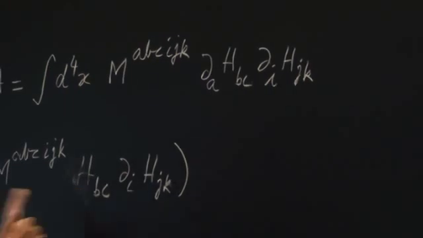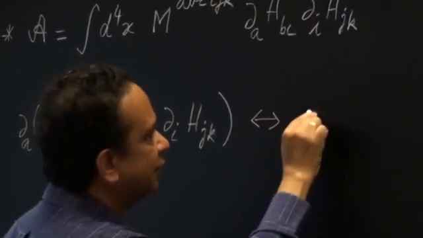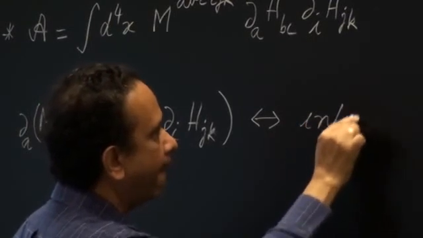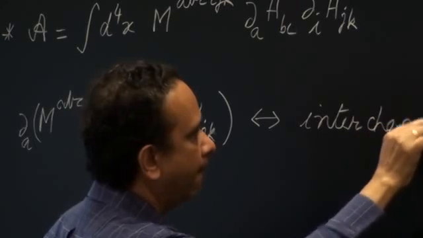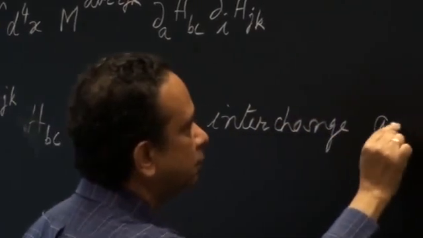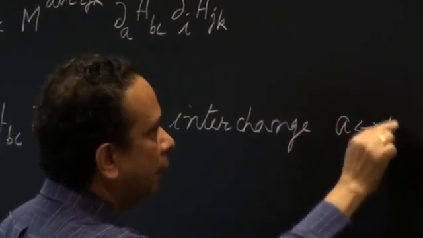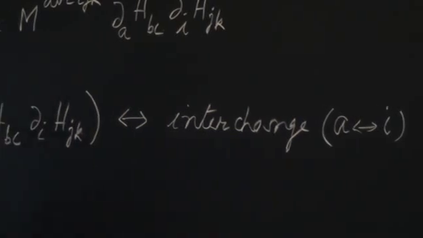Which means that from the structure of this, we know that you can interchange A and I. This is not coming out of the symmetry, this is coming at the expense of a surface term.